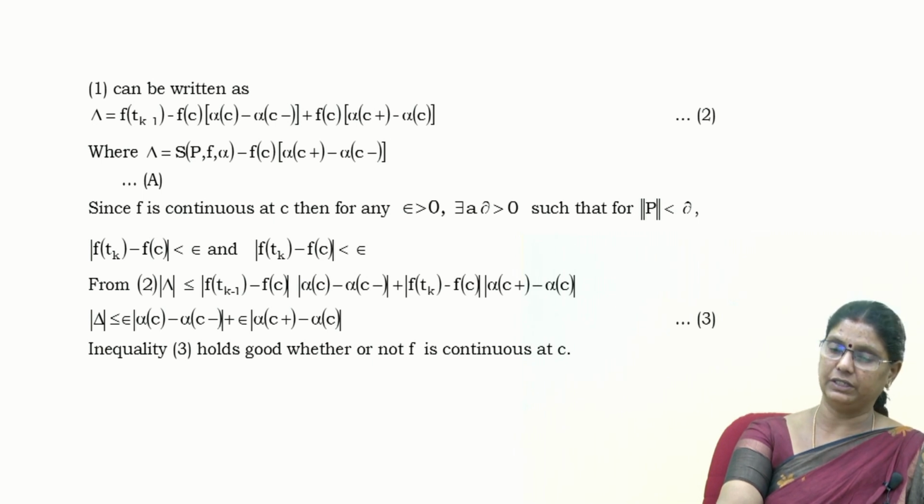Since f is continuous at c, then by definition for any epsilon greater than 0, there exists a delta greater than 0 such that norm of P less than delta implies modulus of f of t_k minus f of c is less than epsilon.